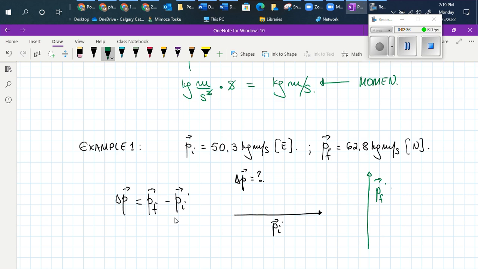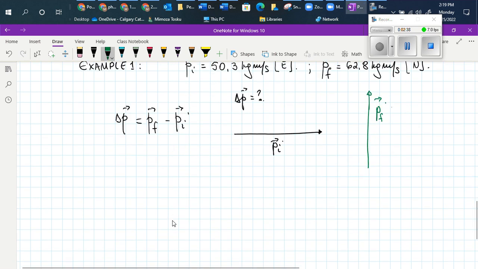So vectorially, since we start with P final, whether we use the closed polygon or the parallelogram method, whatever method you prefer graphically, we will have something like this. P final is going north.